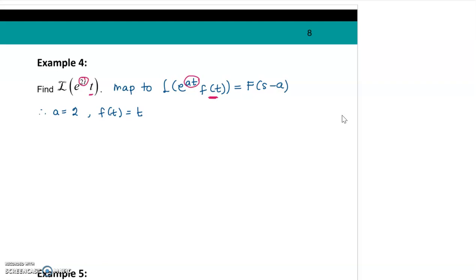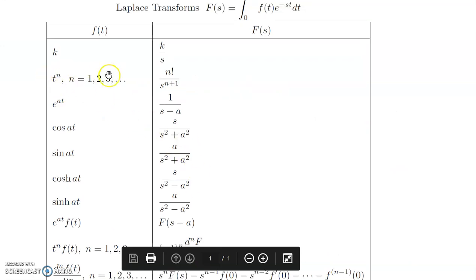So from the f(t), we can get the F(s) because we know the Laplace of f(t) is F(s), the standard notation. So if we find the Laplace of the t here, then it would be our F(s). By the table, for the Laplace of t, we need to refer to this one.